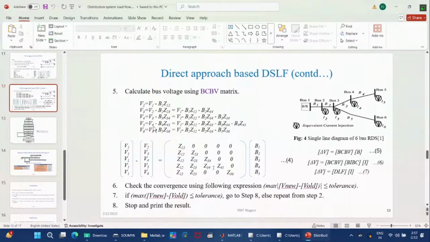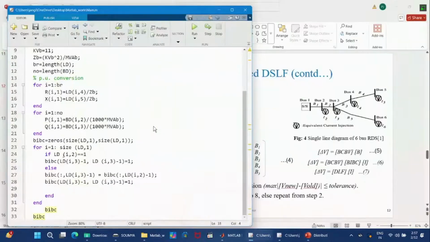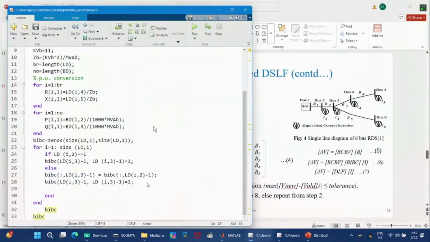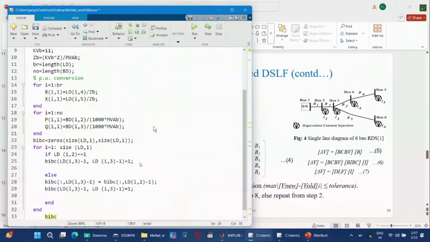Here also, if a certain value is there, then we will calculate whatever the value of R plus jX is, otherwise we will keep it as 0. If you want, you can write down these 4 lines. This is simply for the BIBC matrix formulation. I have used a simple if-else statement over there. Now inside this loop, we will try to write down that BCBV matrix.